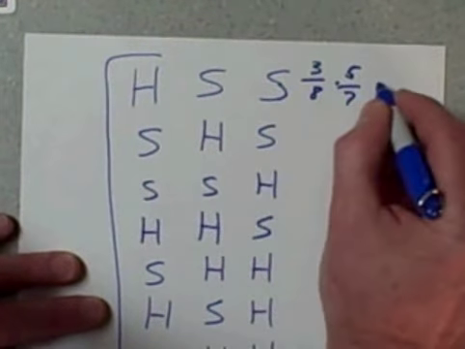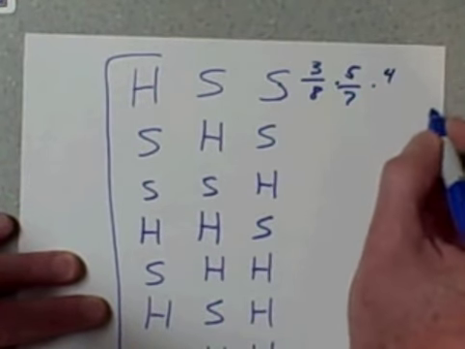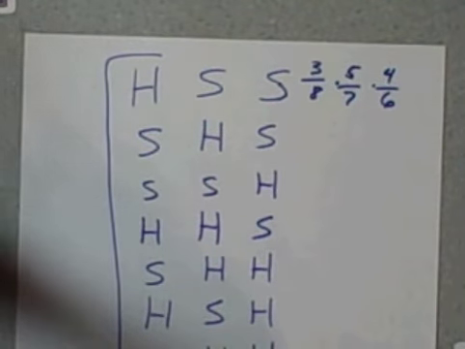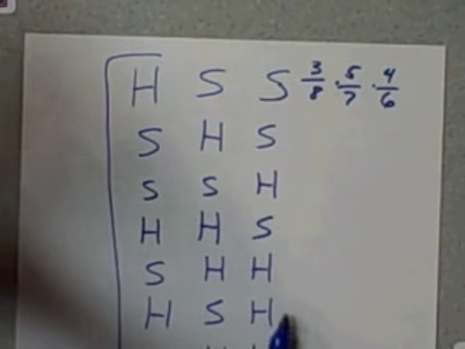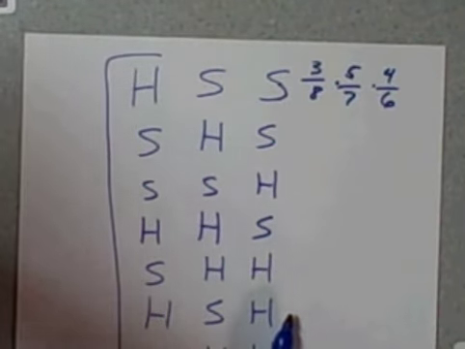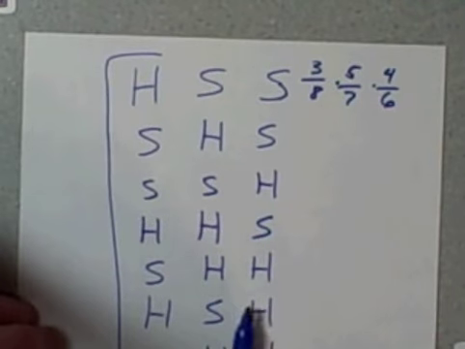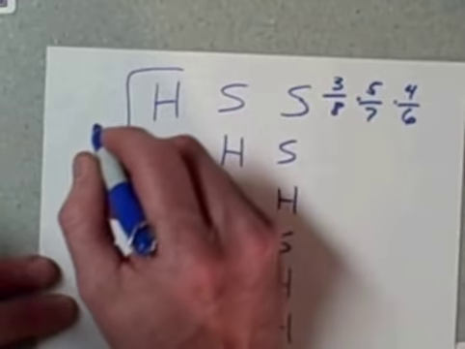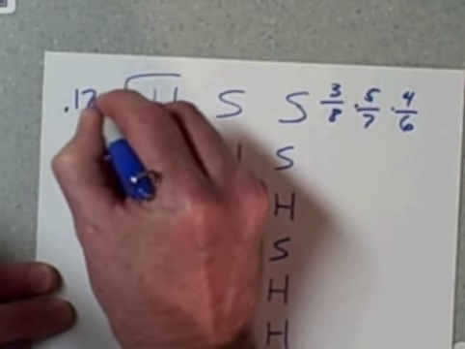And then the last one being a spade, now there's only 4 spades to choose from out of only 6 cards. So it becomes the fractions 3/8 times 5/7 times 4/6. We could reduce that, but we can just multiply that together, and you'll find that it is equal to, rounding to 3 decimal places, 0.179.